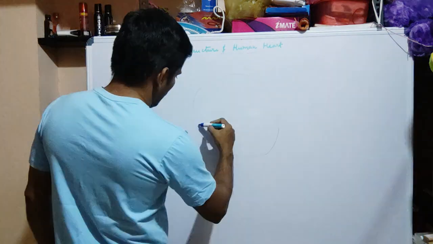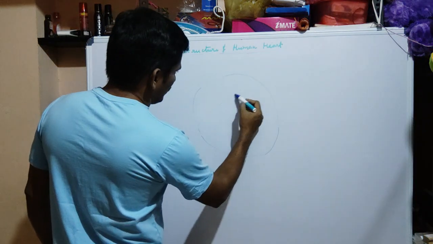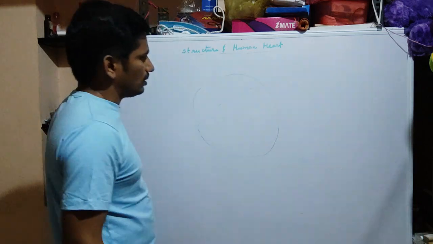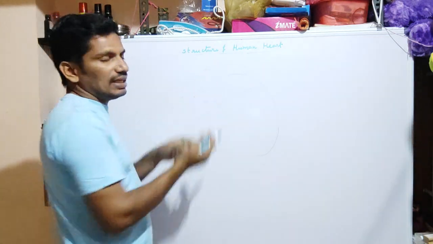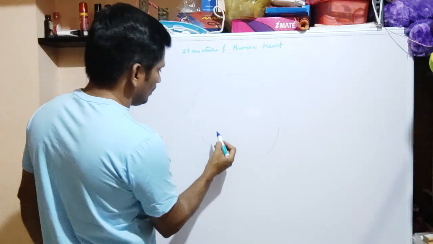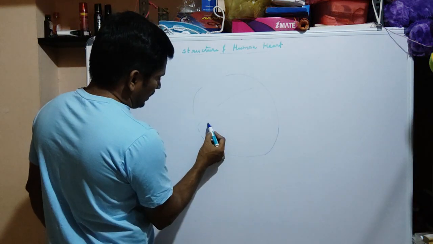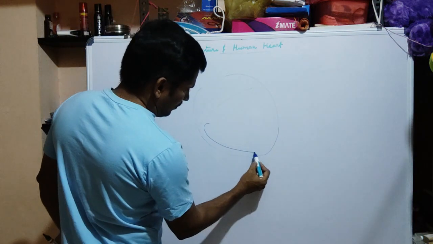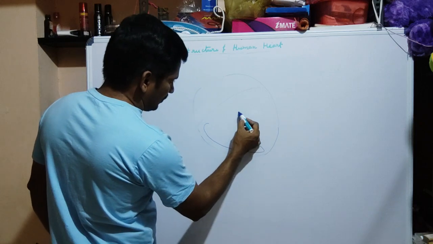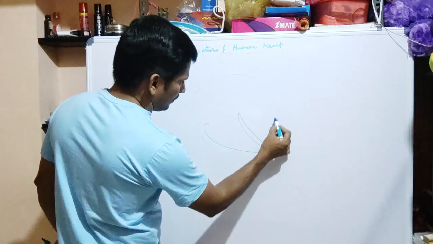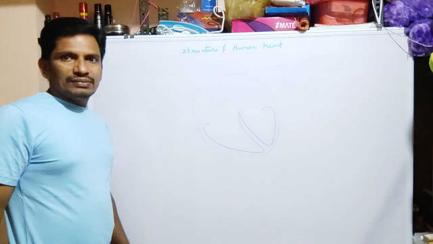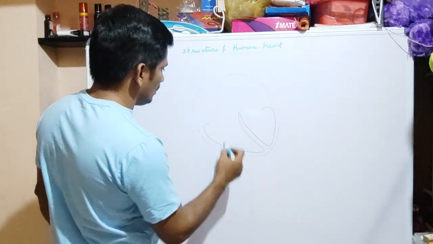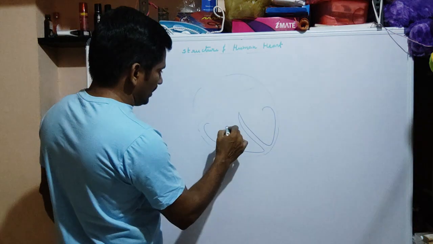Then I have to make one line, which is at 3/4, and a division here which is less. You can also draw from here something like a W shaped one. Got it? Then in the next step, here is the pulmonary arch.